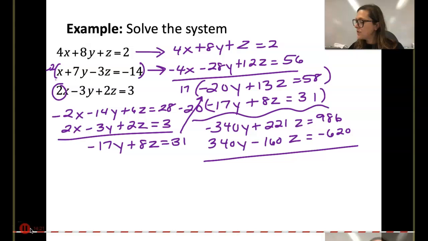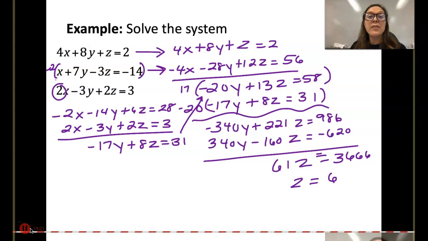Adding straight up and down, 221 minus 160 is 61z. 986 minus 620 is 366. Divided by 61 gets us 6. All that work for 6, huh?